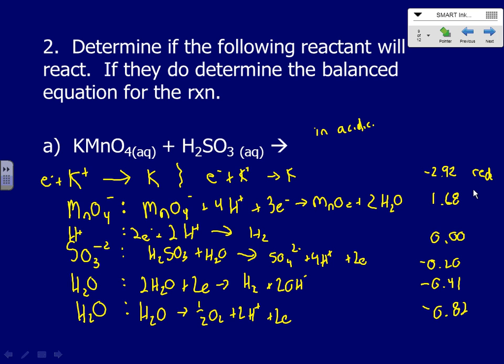Yeah, it's gaining electrons. The electron's on the left. What's this guy? Reduction. Its electrons are on the left as well. What's this guy? Reduction. And this guy? Oxidation. And this guy? Reduction. And this guy, oxidation.